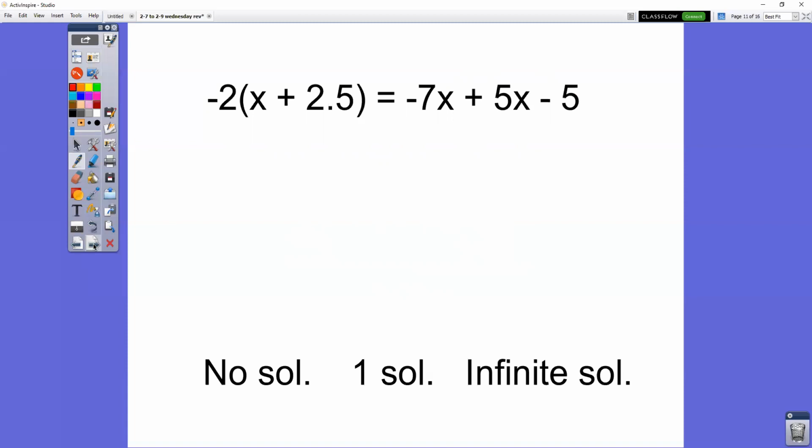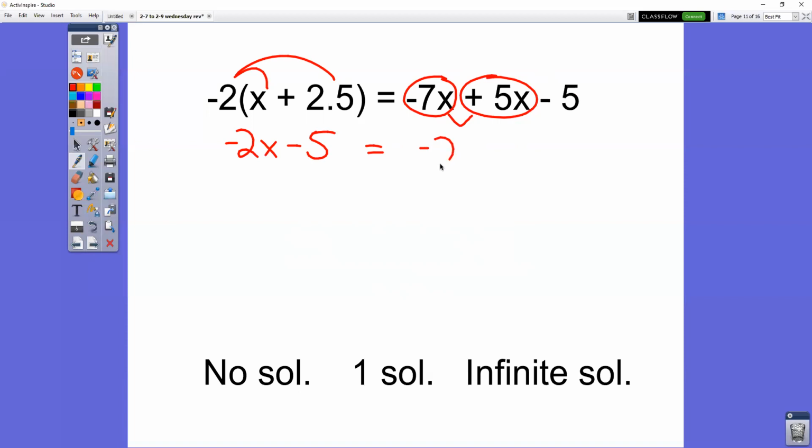So again, you want to do the distributive property first. Negative 2 times x is negative 2x. Negative 2 times 2.5 is negative 5. So I'm going to write minus 5. On this side, I could add together my like terms, because that's next, combining my like terms, to be negative 2x minus 5. You could have actually stopped right there.